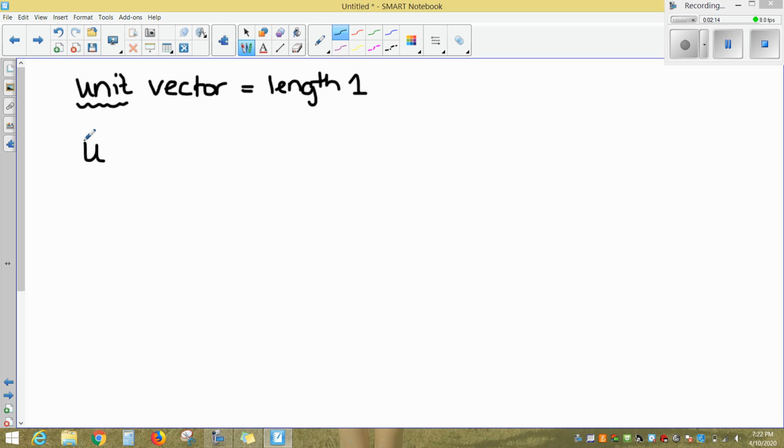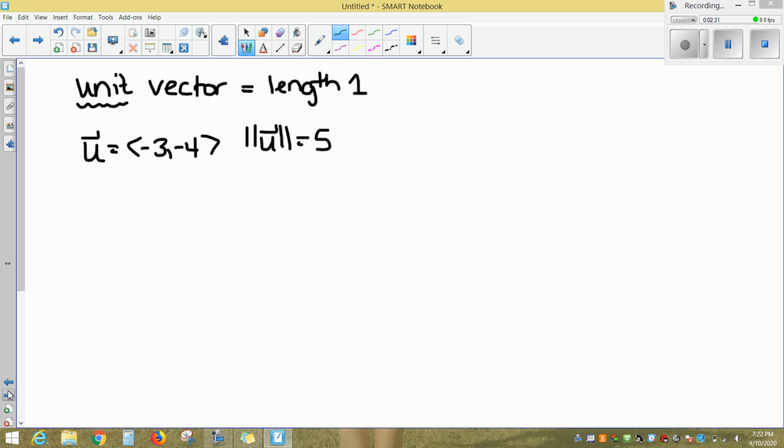So on the last page, my vector u looked like -3, -4. And we said the magnitude of that vector was 5.